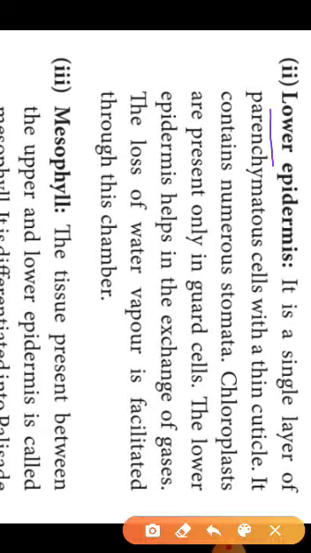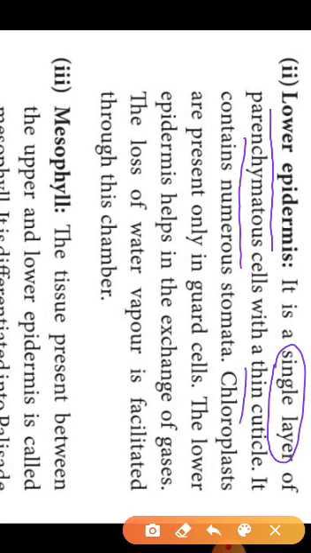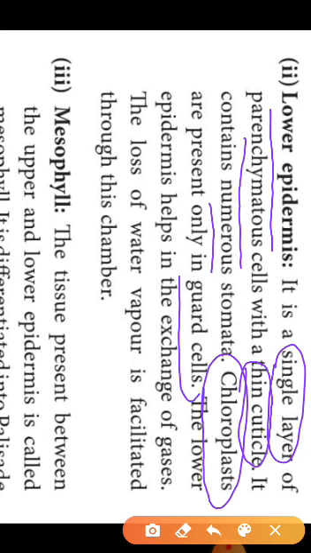It contains numerous and many stomata. It's very important, one mark question. Chloroplast, green color pigments, are present only in guard cells. What are guard cells? Guard cells, which means curved cells around a stoma.